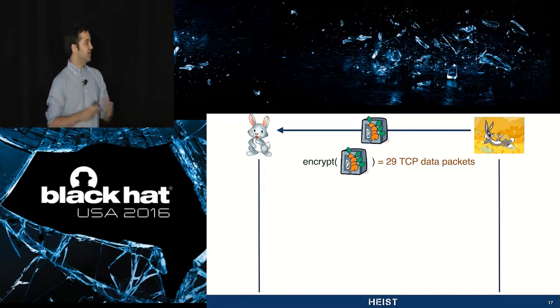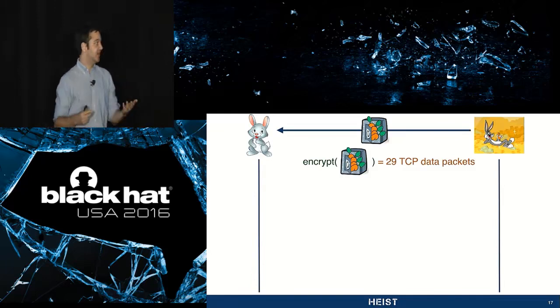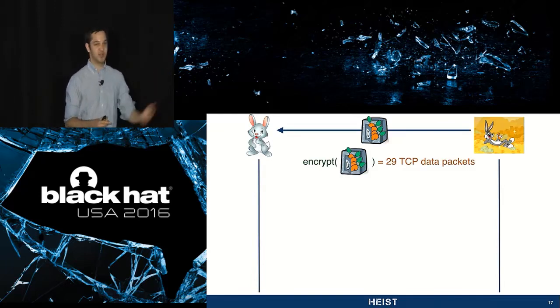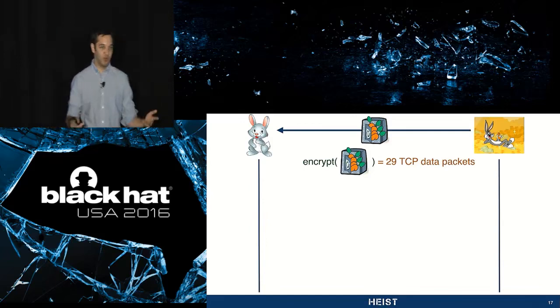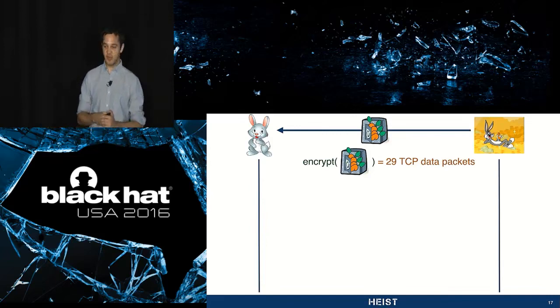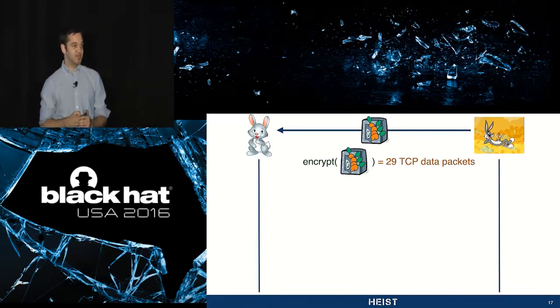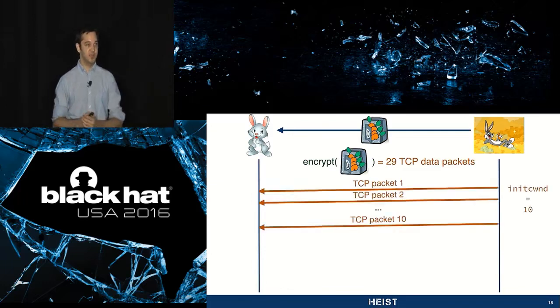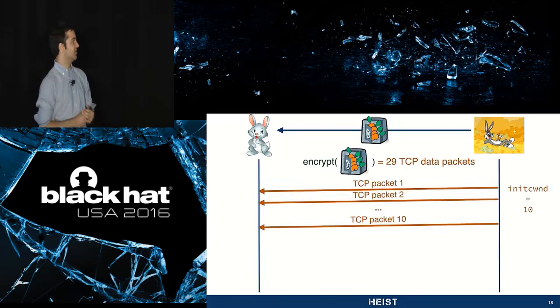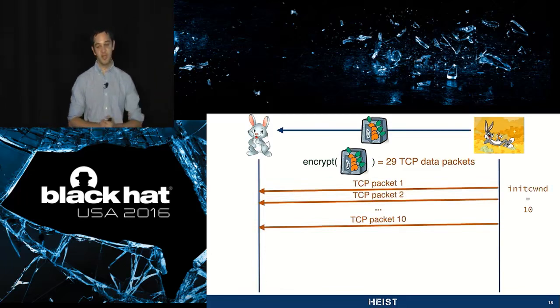So how is TCP going to send this content back to Mr. Sniffles? Well, it's not going to send everything at once because that might overload the network. Instead, we have the TCP slow start algorithm. Essentially, initially it will send the first 10 TCP packets to Mr. Sniffles, to our client.